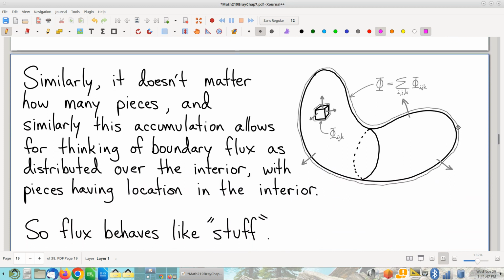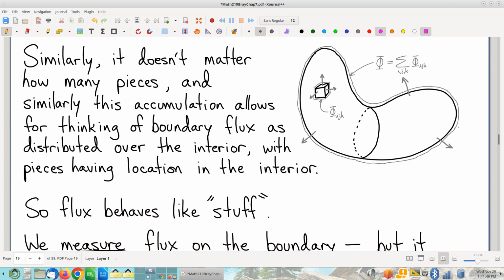The last observation we made, and this is very repetitious, as noted in all of our previous examples, is that whenever you have any sort of accumulating quantity, that feature of accumulation allows you to think of it as having location within the solid.